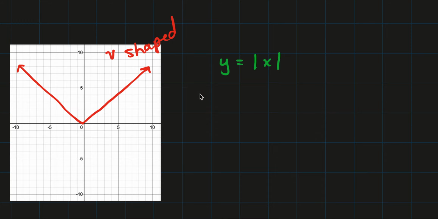For example, the point 1, 1 belongs on the graph. You can see that I went through 1, 1. This should go through 2, 2. It should be a straight line going through 1, 1, 2, 2, 3, 3, 4, 4, 5, 5, and so on.